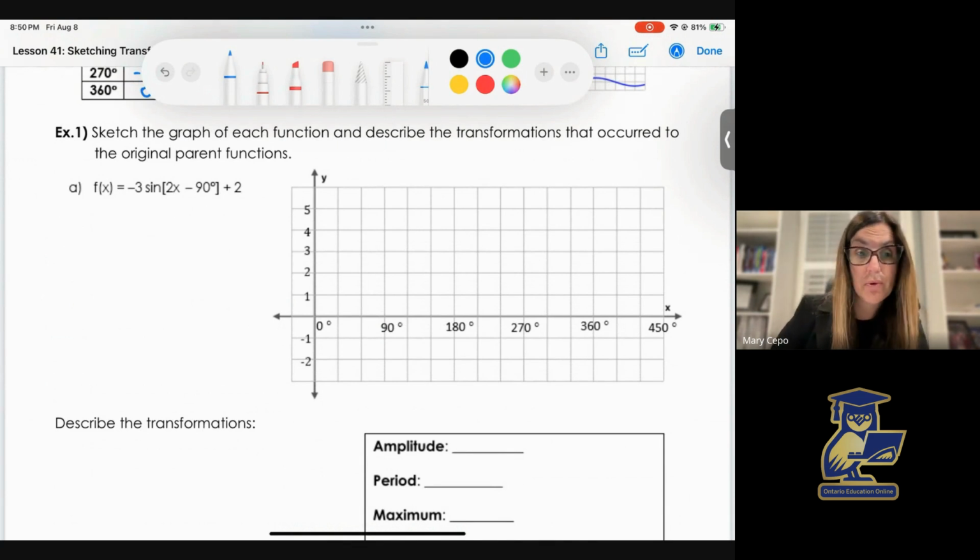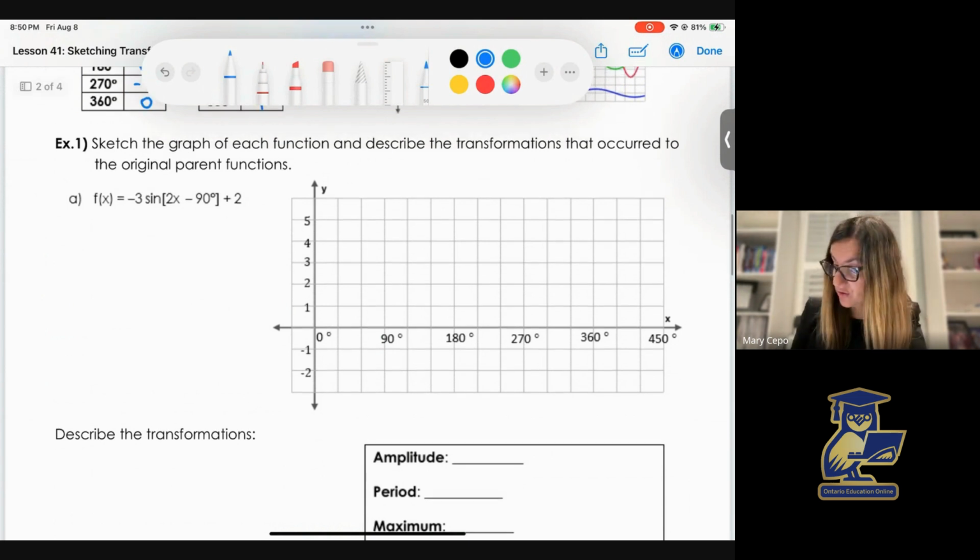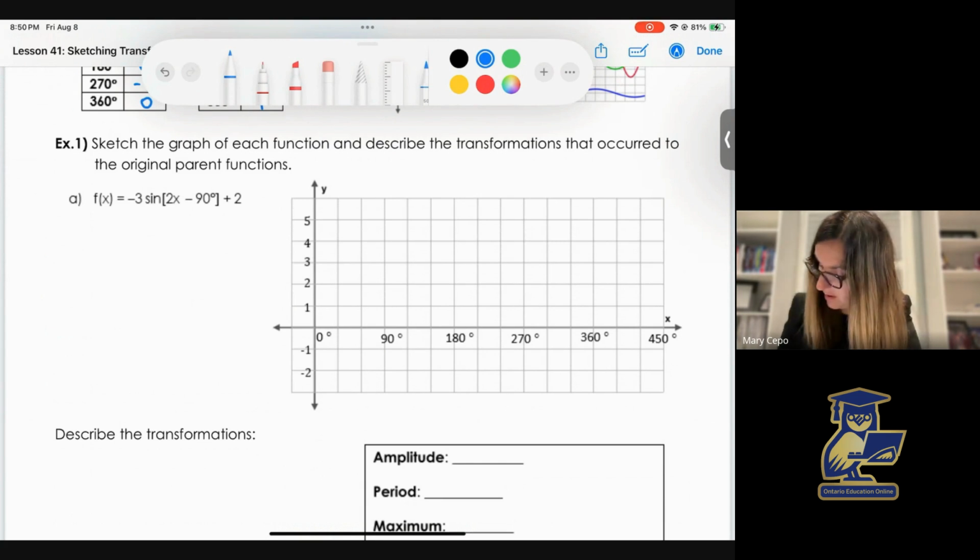So in example 1, we have to sketch the graph of the function and describe the transformations that occur to the original parent function. So again, we know that the base function is, in this case, sine. We always start with that parent function's key points, sine of x.